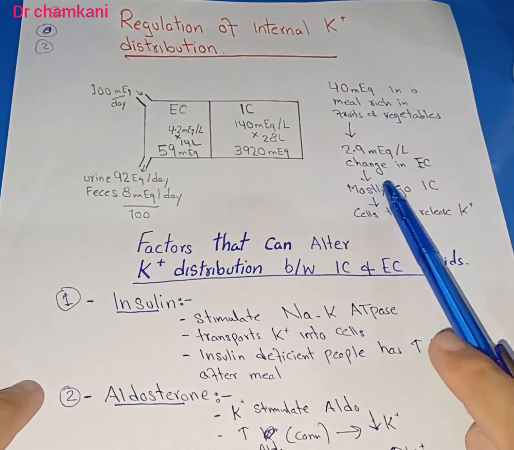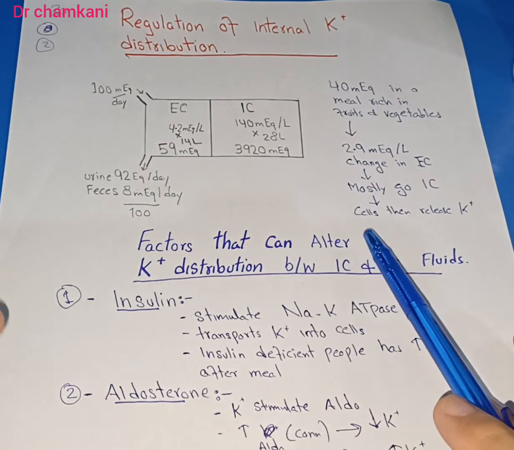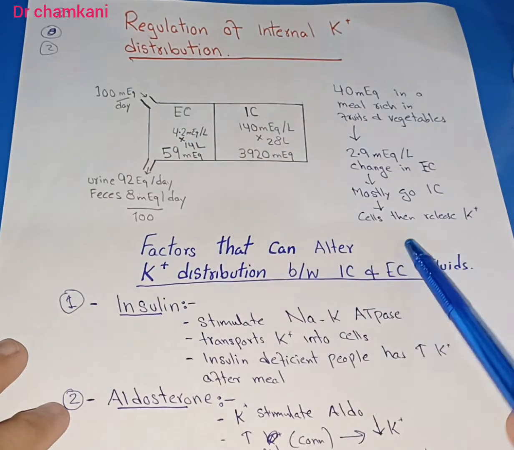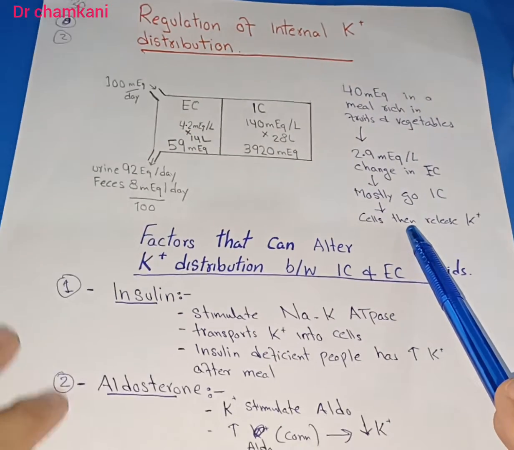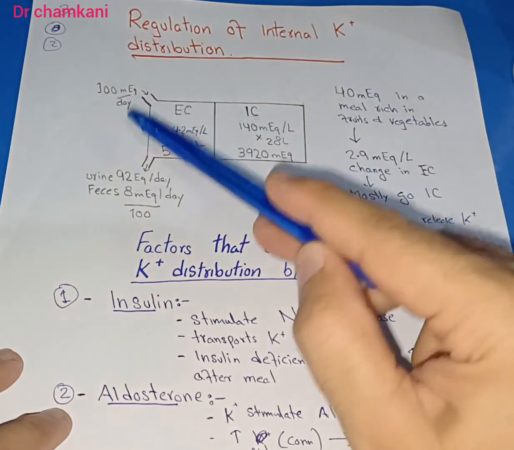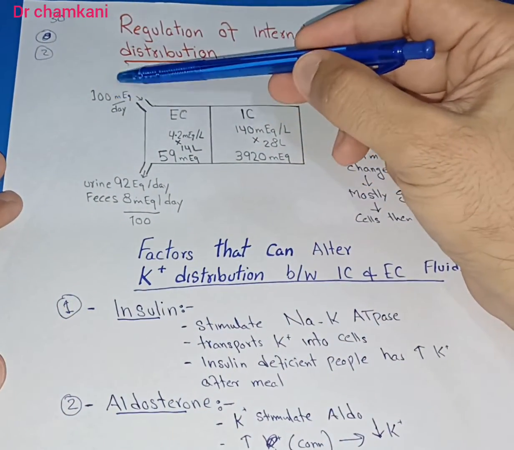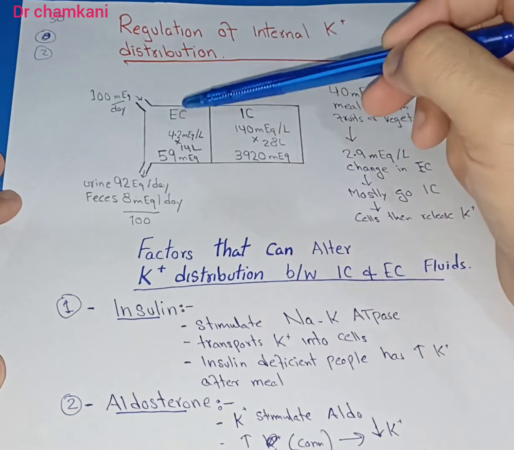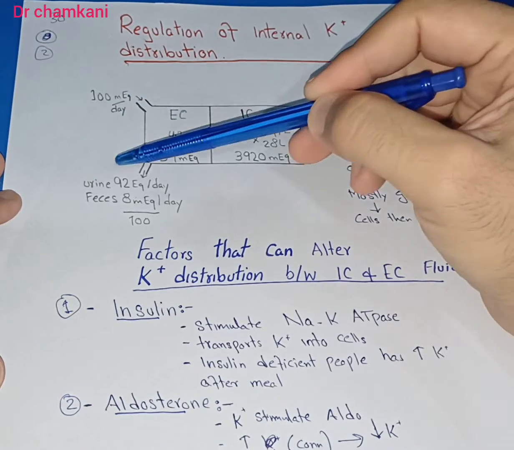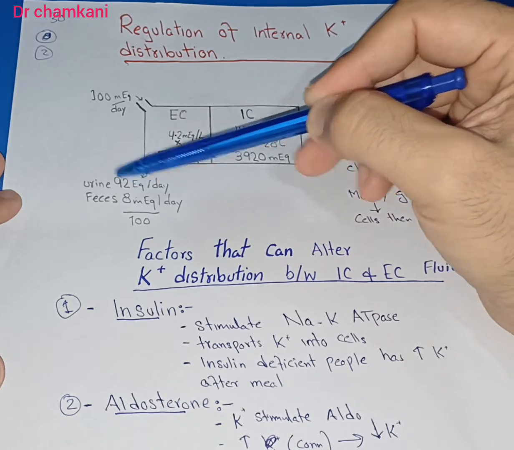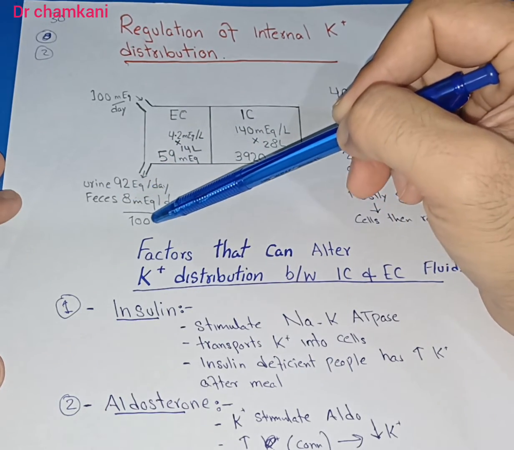Most of this potassium will go into the intracellular space, and when there is a deficiency of potassium in the extracellular space, the cells that make up the intracellular space release the potassium into the extracellular space. If we assume that normally there is a 100 milliequivalent consumption of potassium per day, around 92 milliequivalent of this potassium is excreted in the urine, and around 8 milliequivalent goes in the feces.